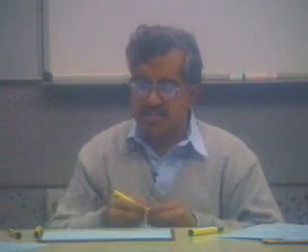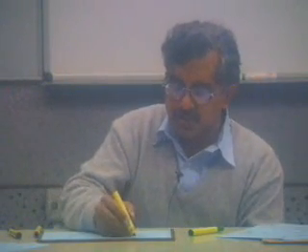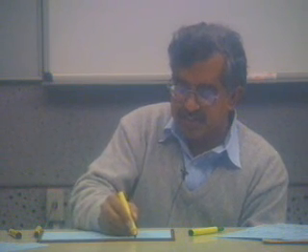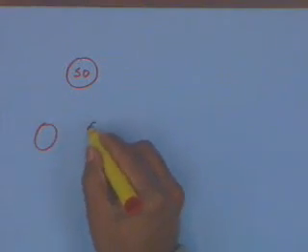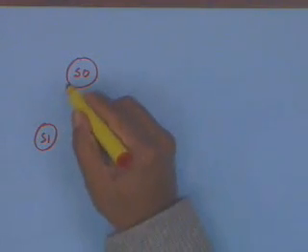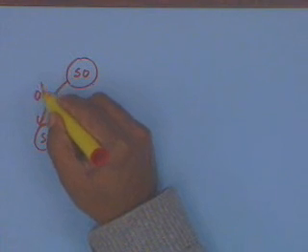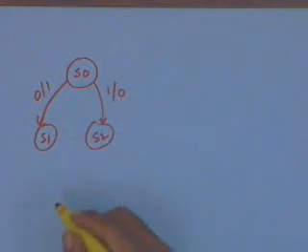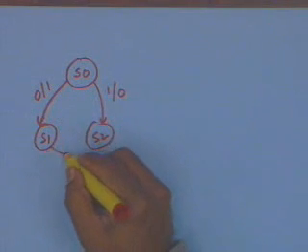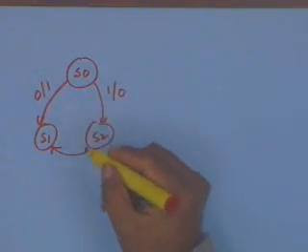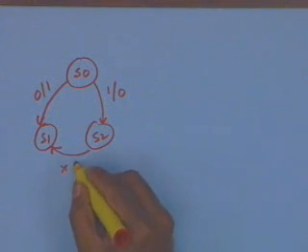Let me take another simple example just to show how the state splitting occurs. Let us say these are 3 states.